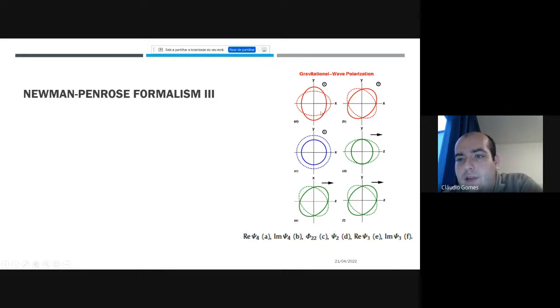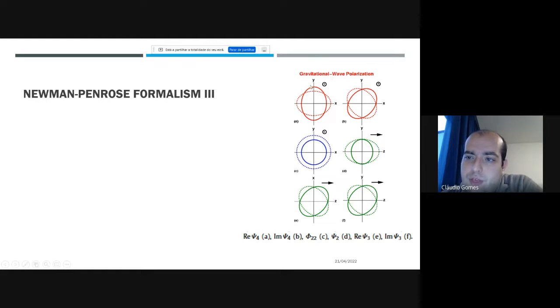So, let's picture a collection of point particles that live in a plane orthogonal to the direction of propagation of the gravitational wave, and let's see what happens when a gravitational wave passes through that collection of point particles.